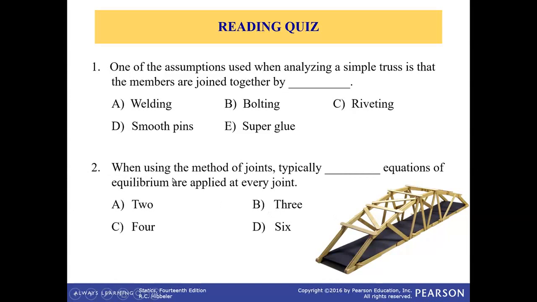That's our assumption. When using the method of joints, typically three equations, so correct answer is B, equations of equilibrium are applied at every joint.